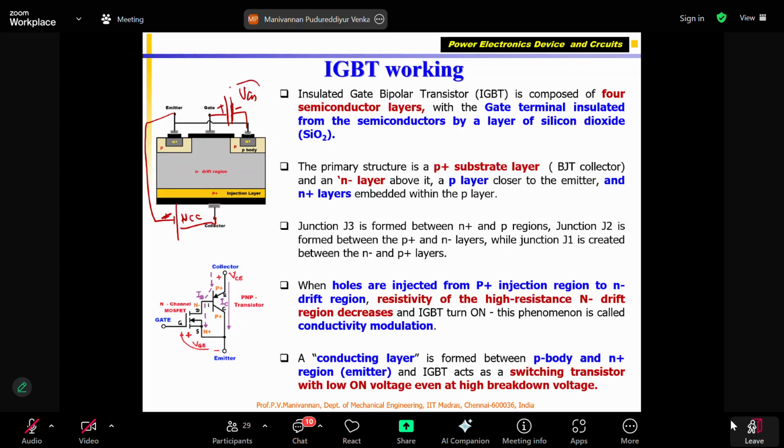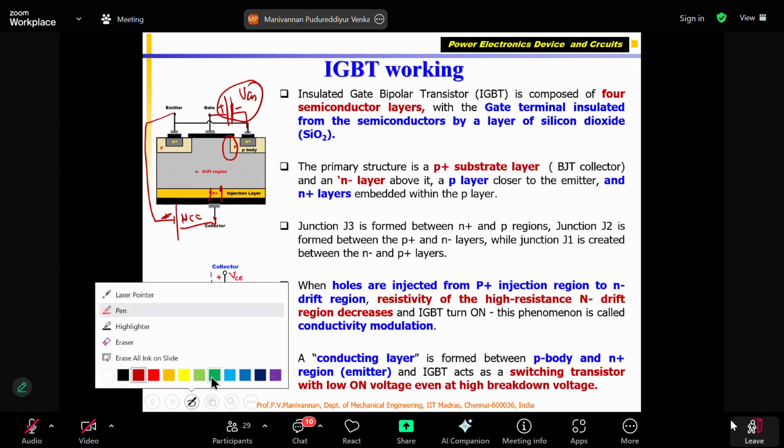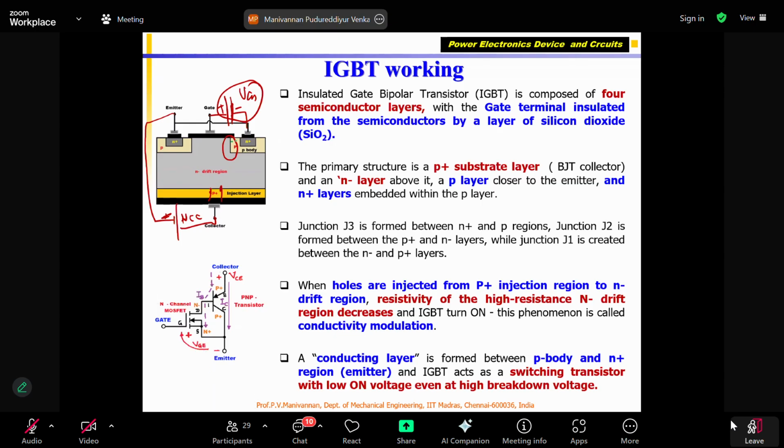If I don't give this voltage, the holes will try to go inside, but this junction prevents it. Here it is blocked. Now, if I give VGS, what happens? As I told you in the previous slide, a conductance region is formed because this voltage attracts the electrons and they form a layer. So then the holes can go and combine and the current can flow. That means VGS has to be given. That's what we are talking about.